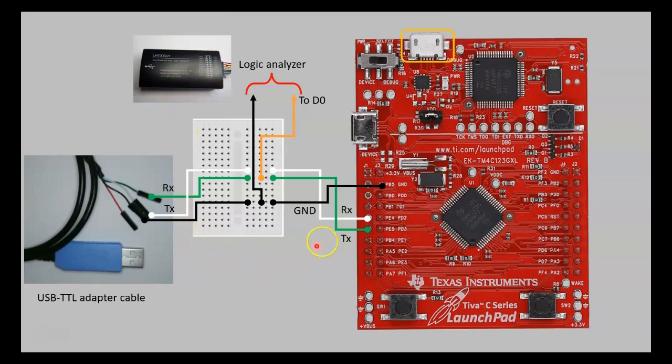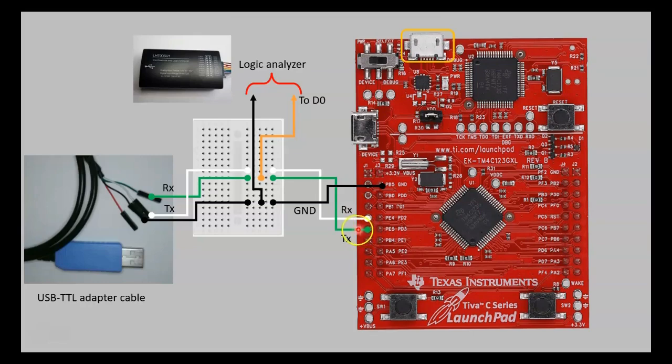Now the connections. PE5 of the TM4C series board, here, this green jumper cable. So PE5 is the transmit pin on this board.